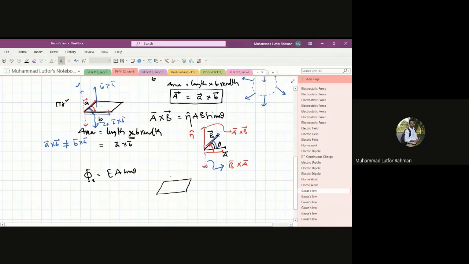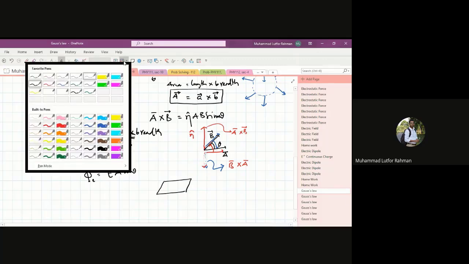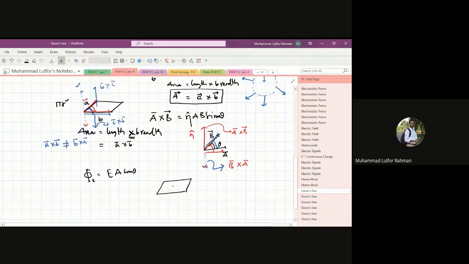Its area vector must be perpendicular to that direction, right? I'll choose this to be my area vector A. The electric field direction could be in a different direction, right? It could be parallel to that plane. If it is parallel, then what is the angle?